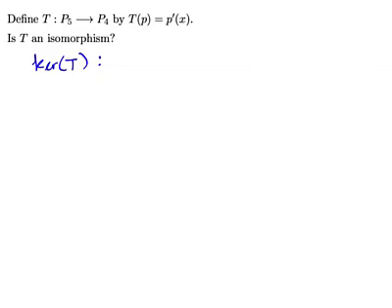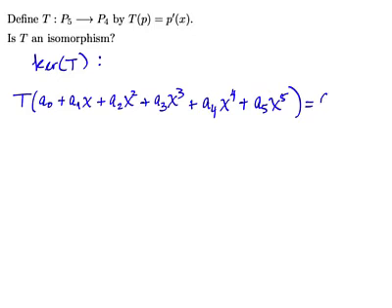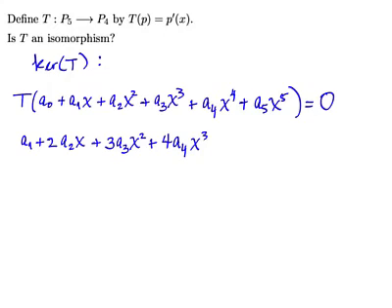Let's try to use the theorem we just proved. T of this fifth degree polynomial is equal to the zero polynomial in P4 if this derivative, so this is the derivative of that polynomial, is equal to the zero polynomial.